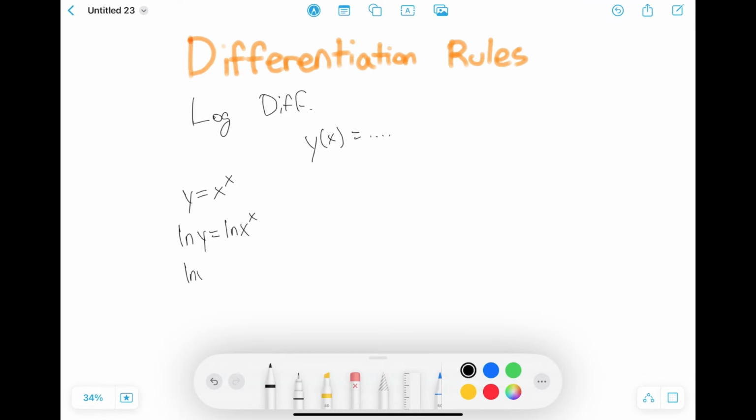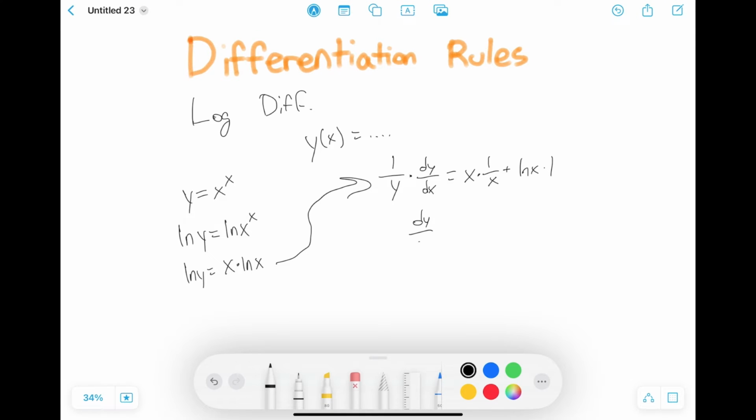And by our log rules, ln of y is equal to x times the ln of x. Now, if we differentiate both sides, we get 1 over y times dy over dx, which comes from chain rule, is equal to x times 1 over x plus ln of x times 1.